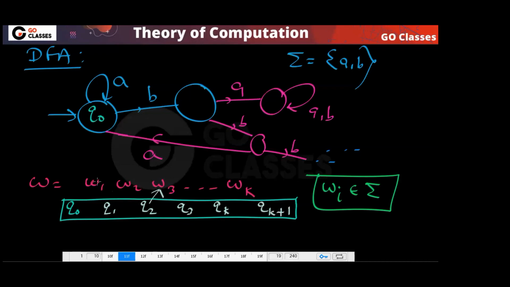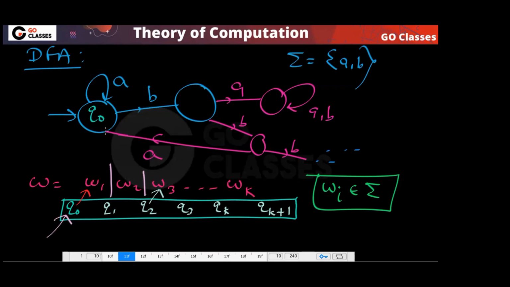If this is your string, then after reading every symbol, what will happen? DFA starts in the initial state, reads this symbol, and goes to exactly one state, because from every state, on every symbol, there is exactly one transition.